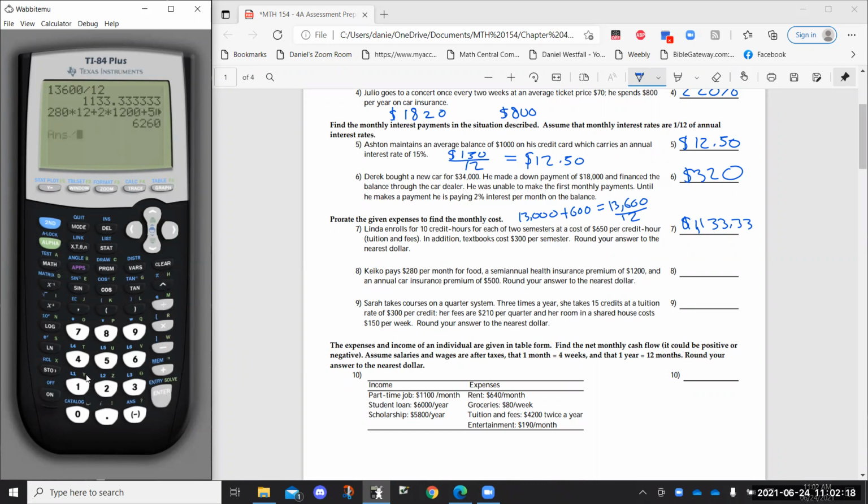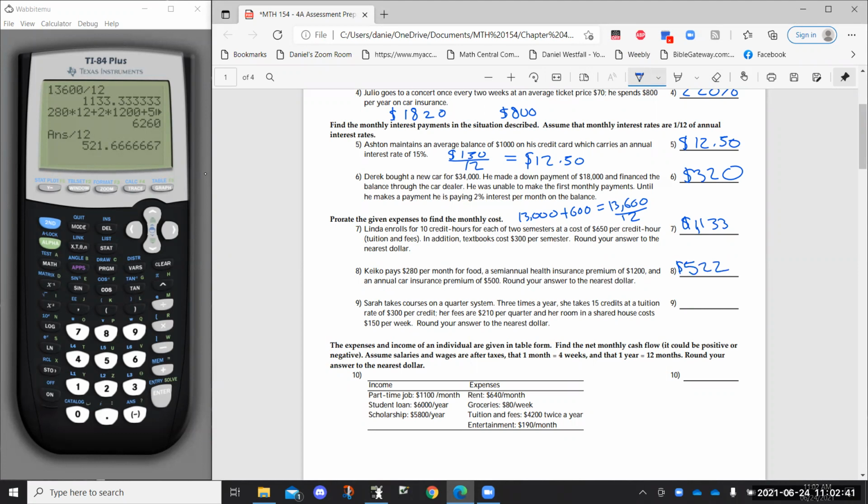Divide by 12. Oh, these say round to the nearest whole dollar. So round to the nearest whole dollar, 1,133. This one says round to the nearest whole dollar, so that's going to be 522.